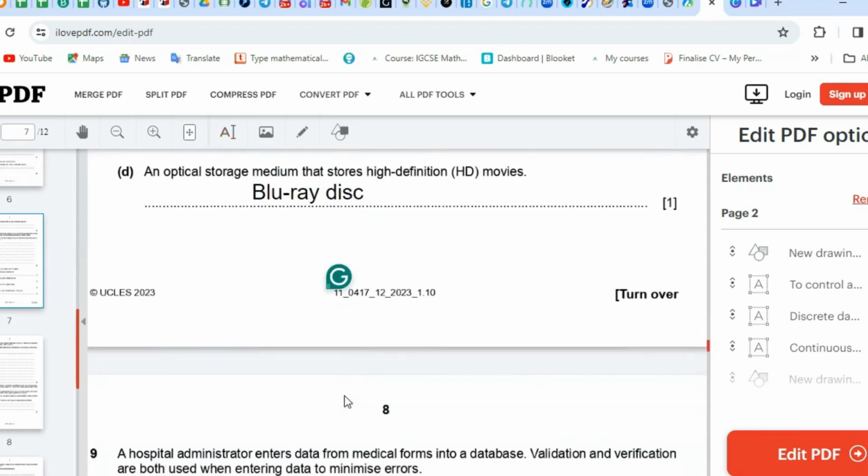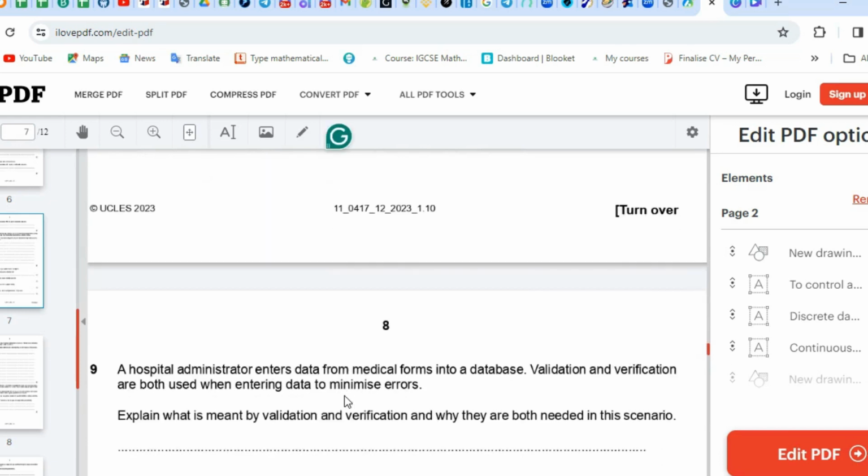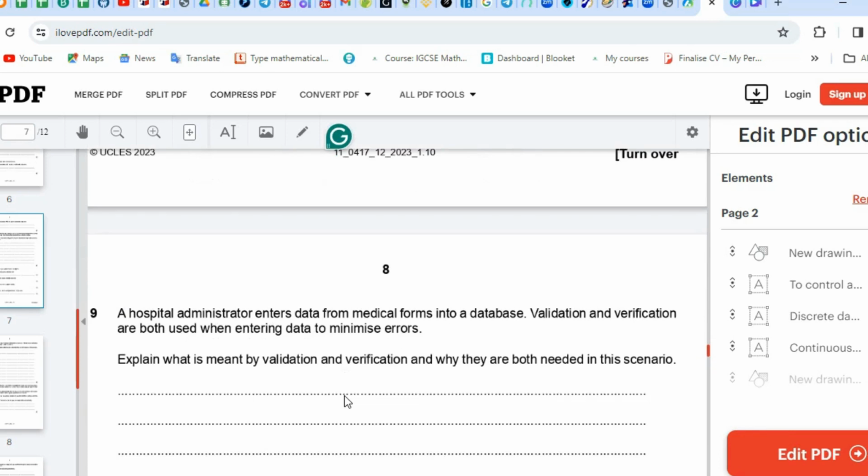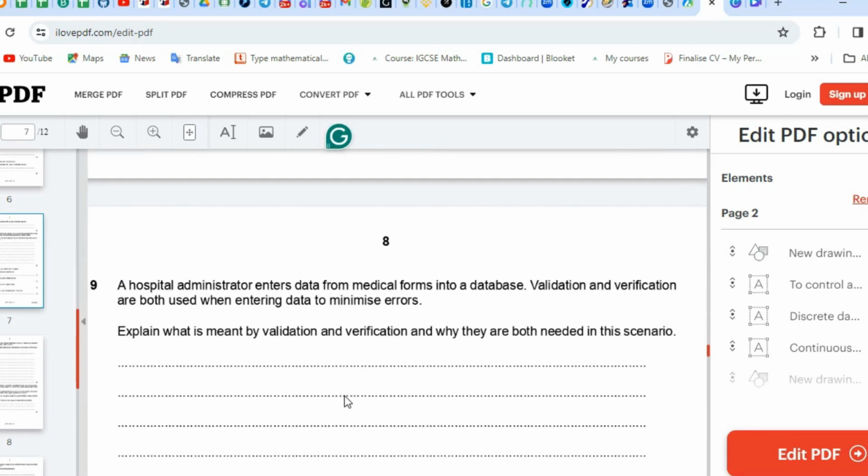We move now to question number 9. A hospital administrator enters data from medical forms into a database. Validation and verification are both used when entering data to minimize errors. Explain what is meant by validation and verification and why they are both needed in this scenario.